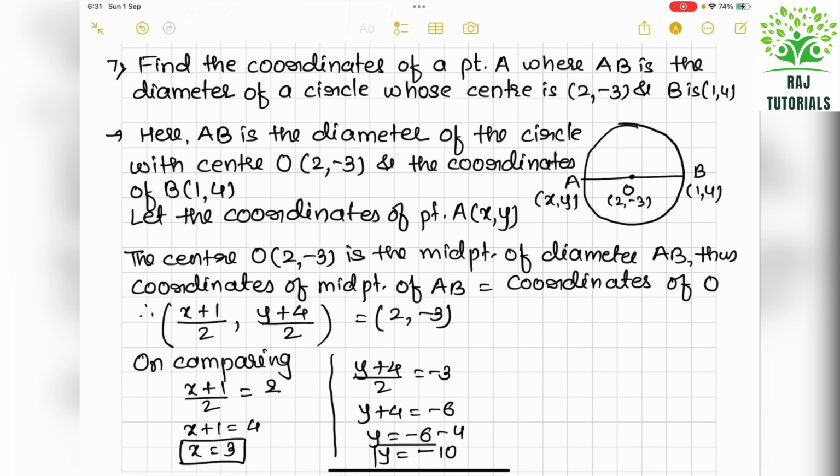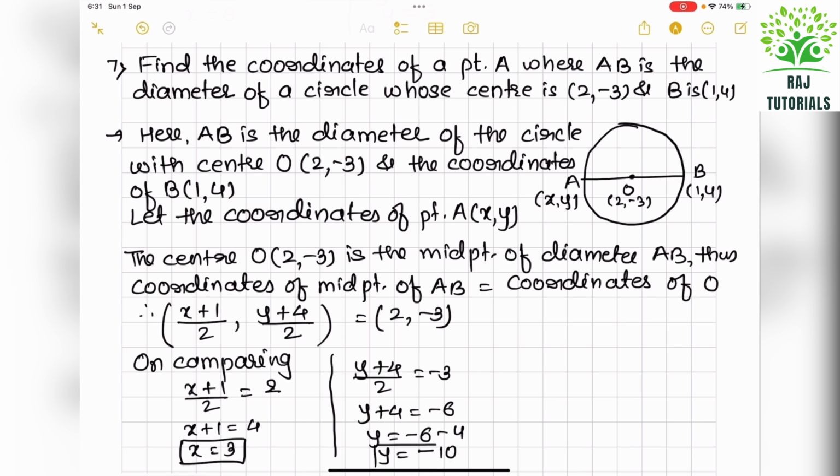So the point P divides the line segment joining the points (minus 2, minus 2) and (2, minus 4) in 3:4 ratio.